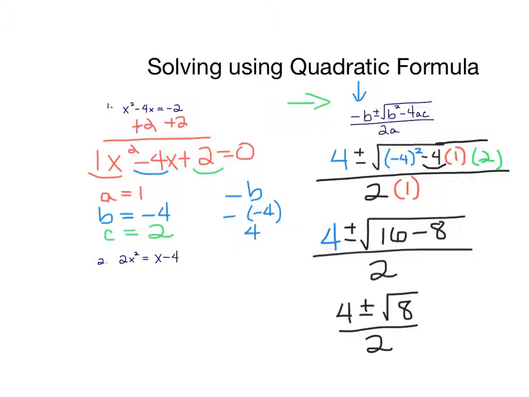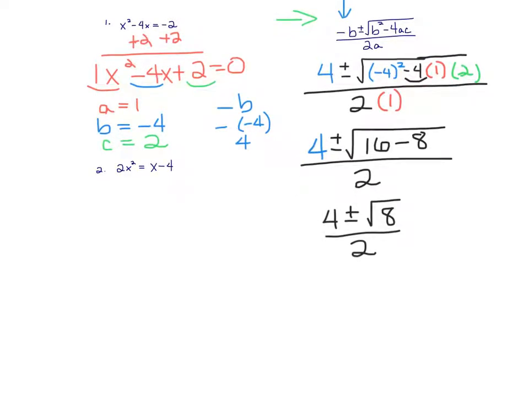If the radical can be broken down, you need to simplify it. I can simplify the radical 8 or the square root of 8 into 4 times 2, 4 being the perfect square, and it's going to come out as 2 radical 2. So now my equation is 4 plus or minus 2 square root 2 over 2.